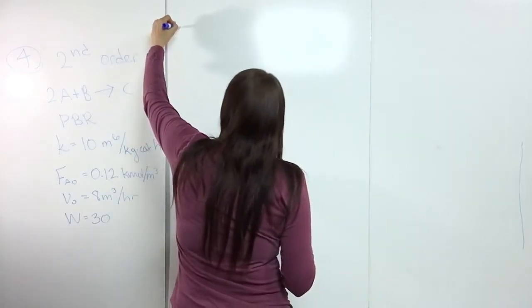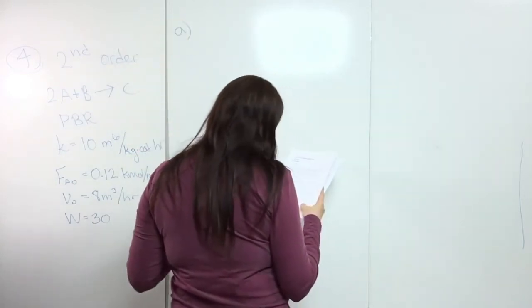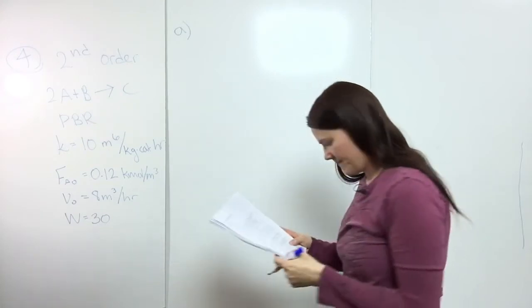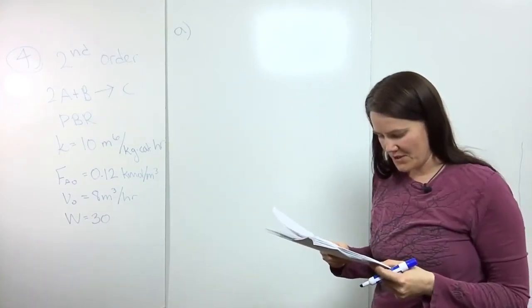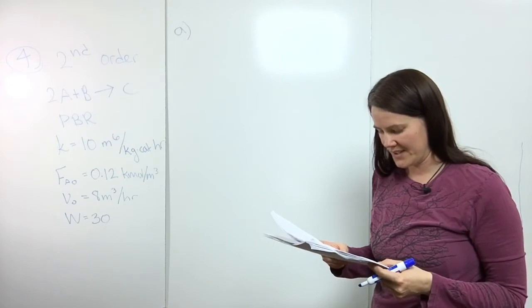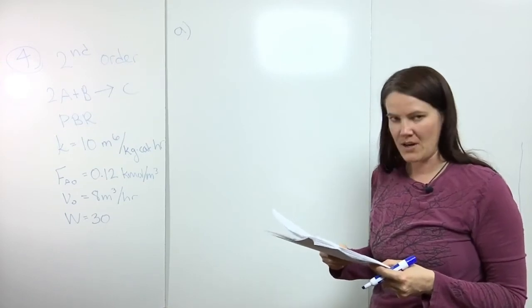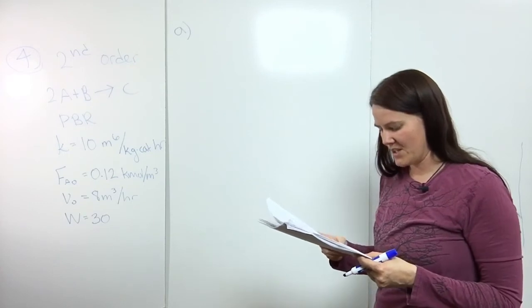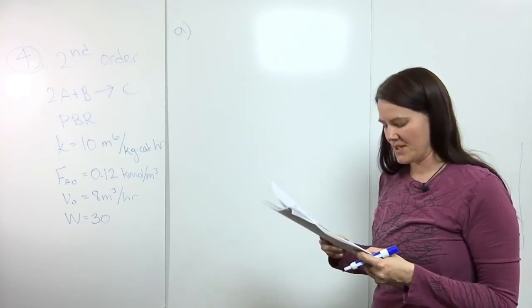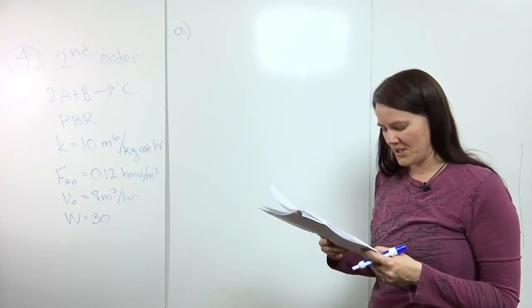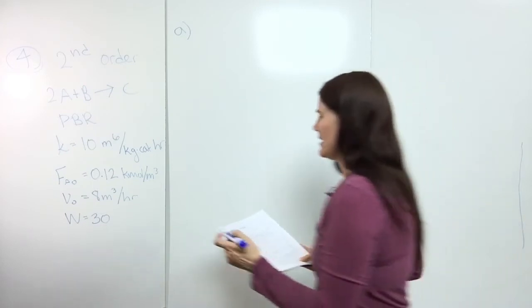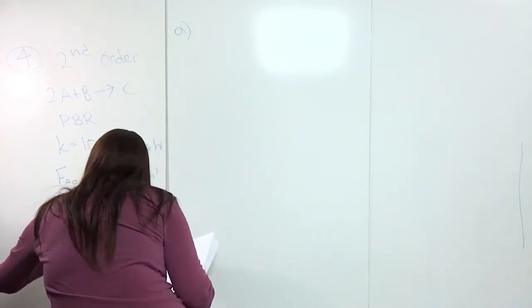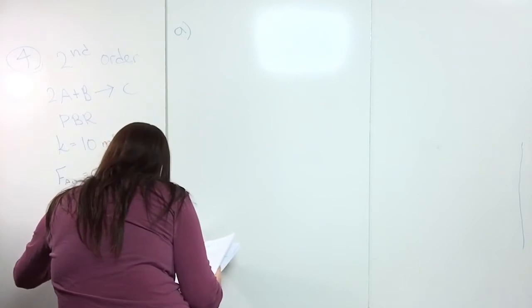For part A, it said, derive an integrated equation relating the weight of the catalyst to conversion with and without pressure drop. And then for B, it says calculate the conversion without the pressure drop. And for C, it says determine the conversion with a pressure drop. And then it gives you alpha is equal to 0.04.